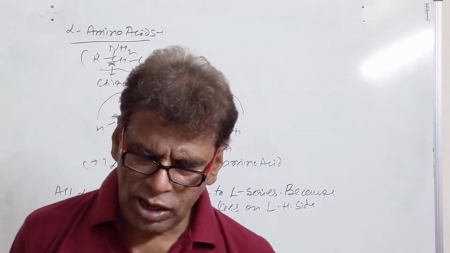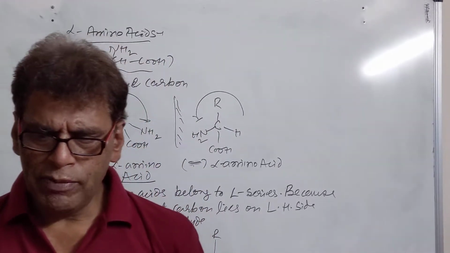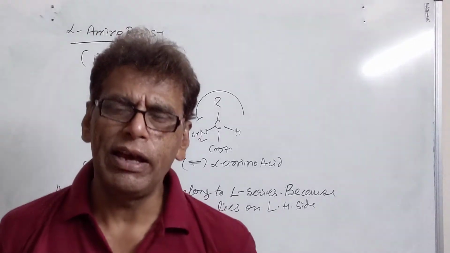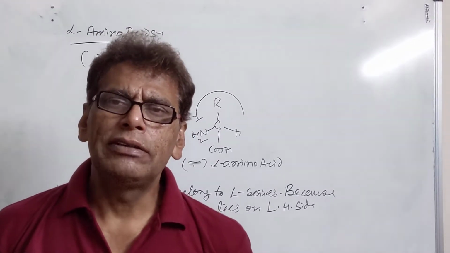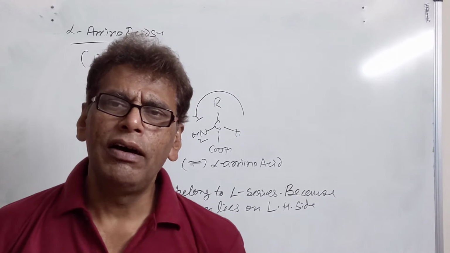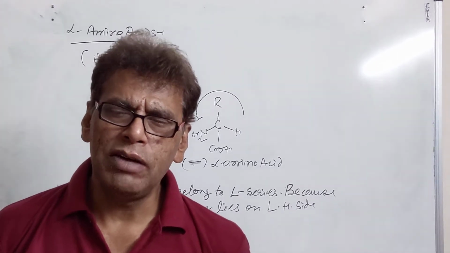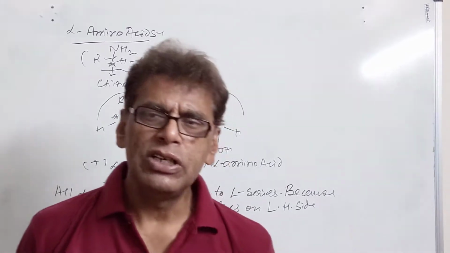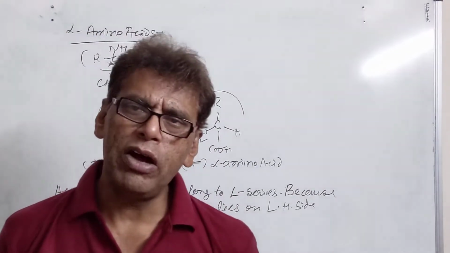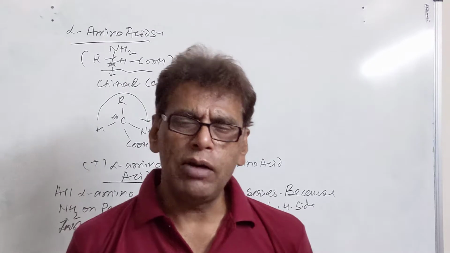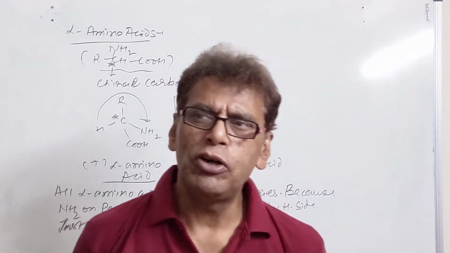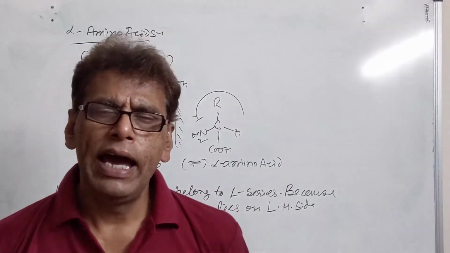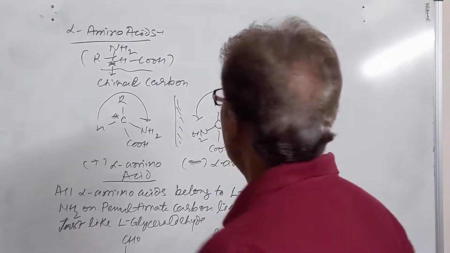Then we have the structure of alpha amino acids. The alpha amino acids behave as amphoteric compounds. They can accept a proton. This is intra-migration of hydrogen from the carboxylic group to the NH2 group. Since the NH2 group has a lone pair of electrons, it can accommodate the H positive ion from the carboxylic group and form NH3 positive.